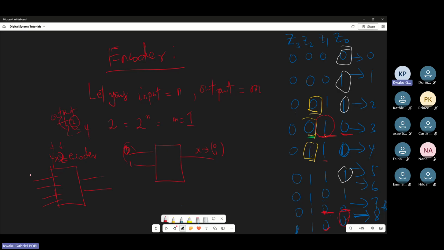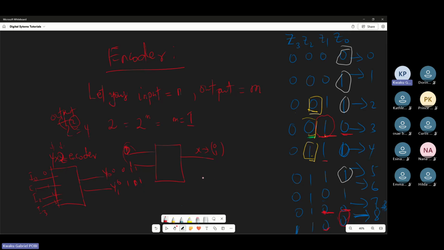So I can have, let's say, I0, I1, I2, I3, like this. And then I can just use Y0, Y1 to represent it, basically. So if I have, let's say, 0, 1, 2, 3, I can use 0, 0, 0, 1, sorry, 1, 0, and then 1, 1 to represent them.